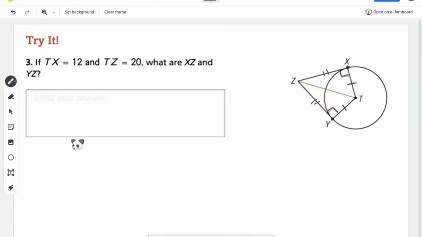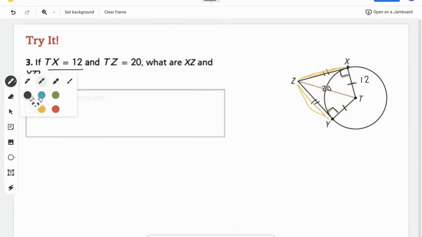And so this problem is telling us that if Tx is 12 and Tz, this length here, is 20, we're looking for xz, which is this line here, and we're looking for yz, which is this length over here.